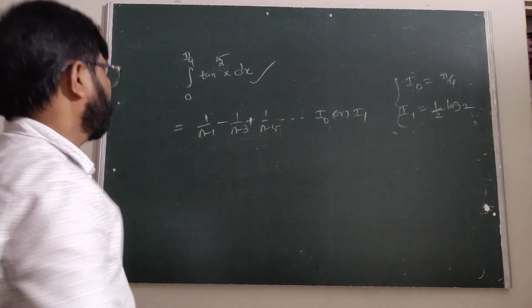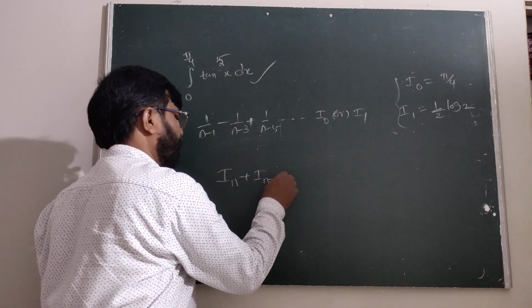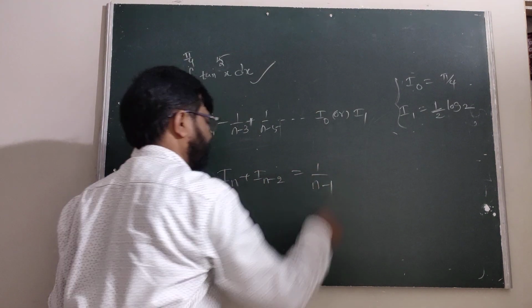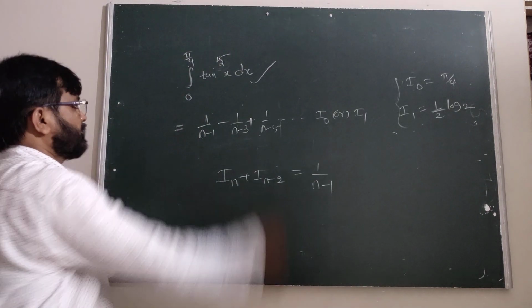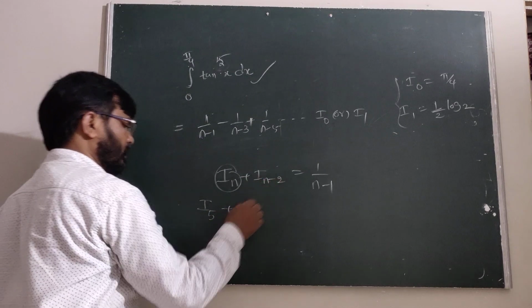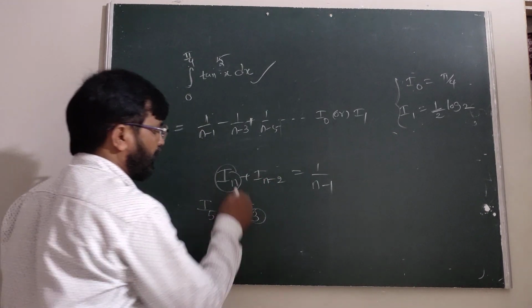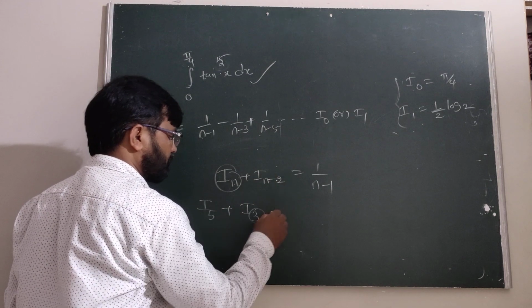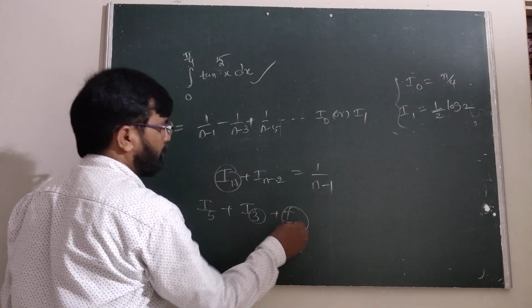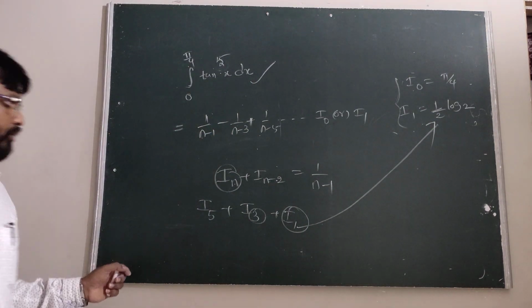So here In, what is In? In minus 2 is 1 by n minus 1. When n is 5, our required is I5. This is I3. After taking I3, then it becomes I1. The value of I1 is 1 by 2 log 2.